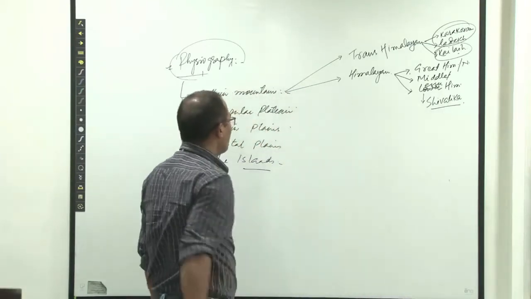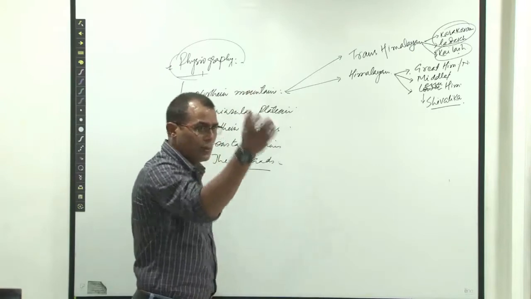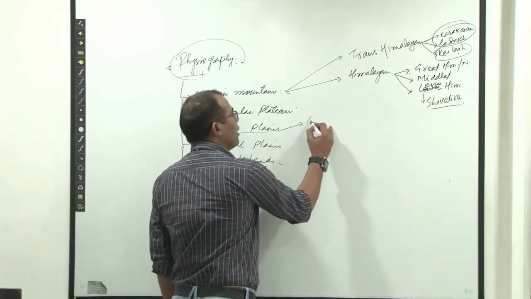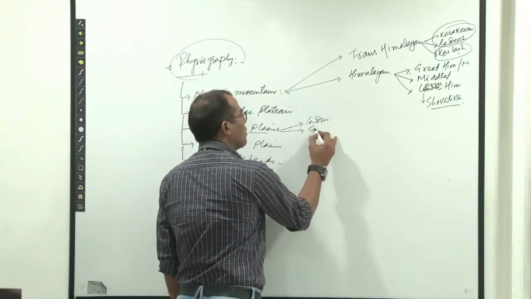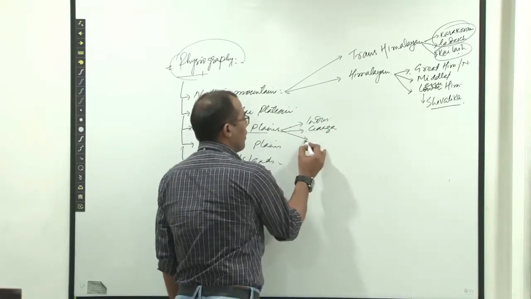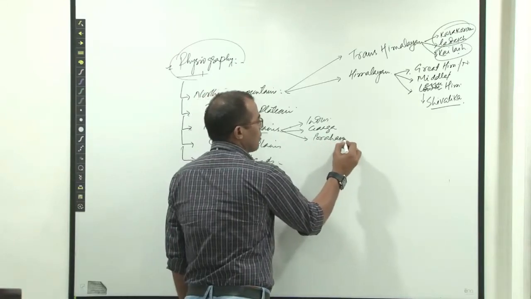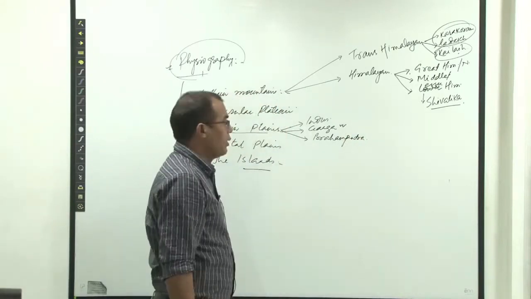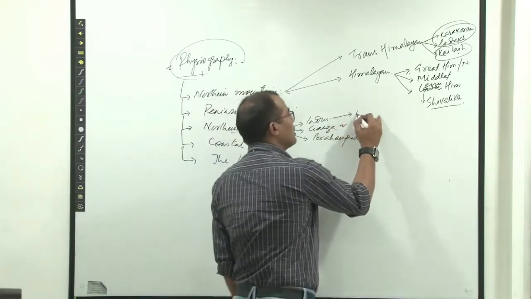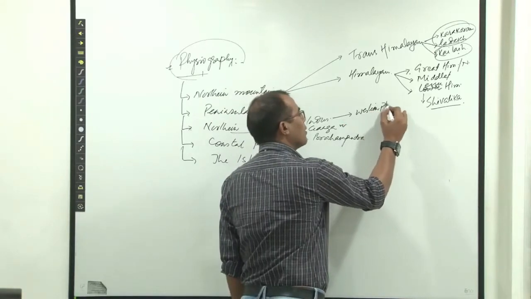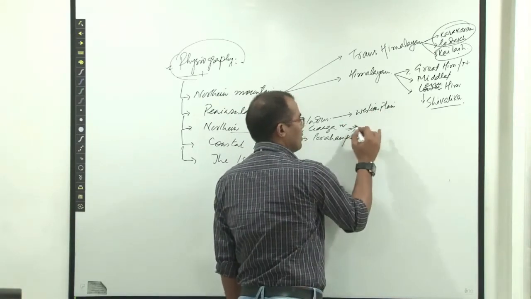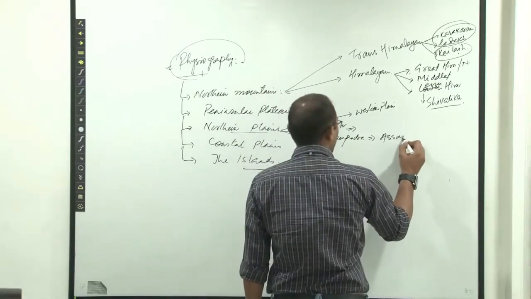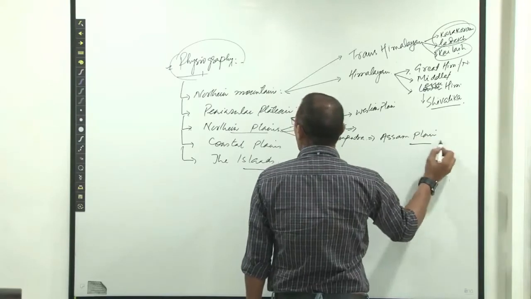Then Peninsular Plateau, obviously the outer boundary starts from the Aravalli range, we'll look at it in the atlas. Then northern plains made by Indus system, Ganga system and Brahmaputra system. The largest is the Ganga system in India. Indus system is basically the western plain. Ganga is the real northern plain, the central plain, and Brahmaputra is the Assam plain in India.